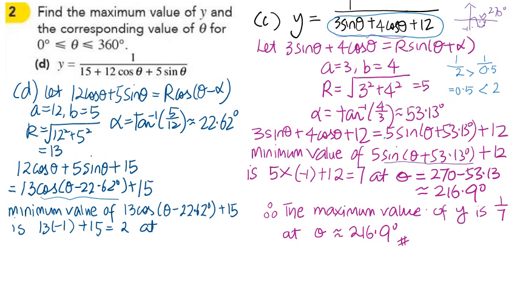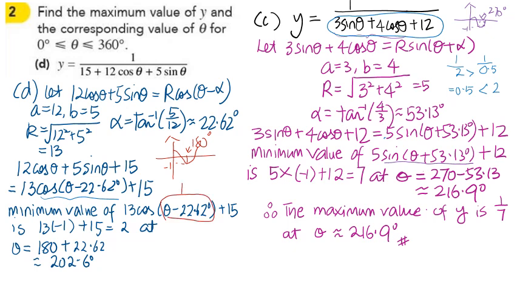And that happens when, oh sorry, you want it to be -1. So if you were to refer to the cosine curve, to get minimum -1, that is when the angle is 180 degrees. So in other words, this angle must be 180 degrees, so that cosine 180 degrees gives you -1.